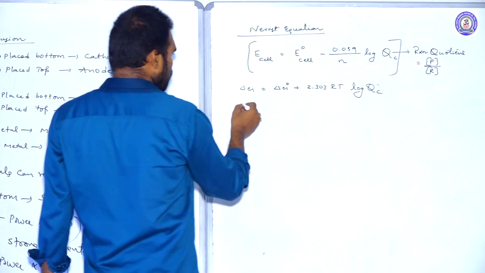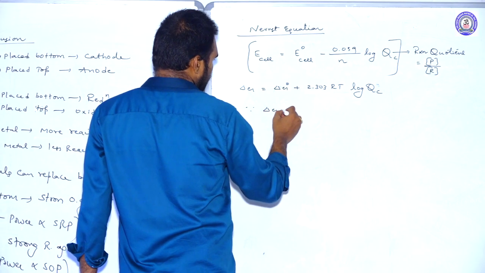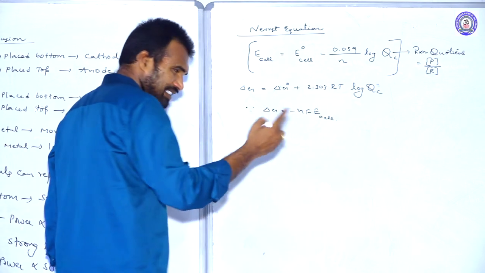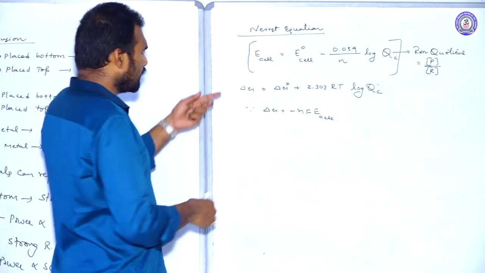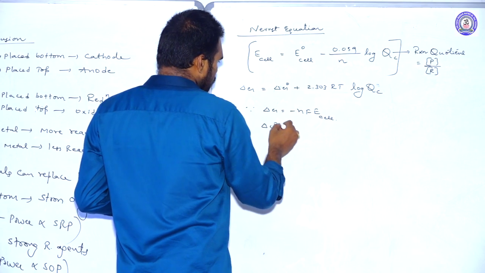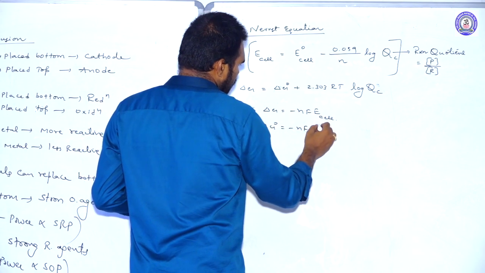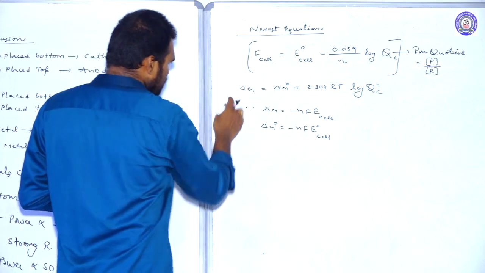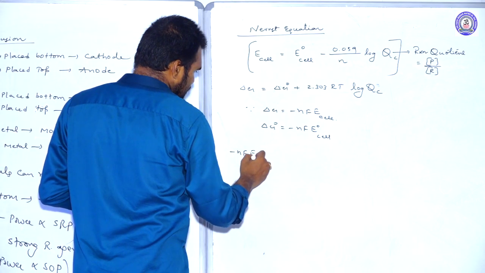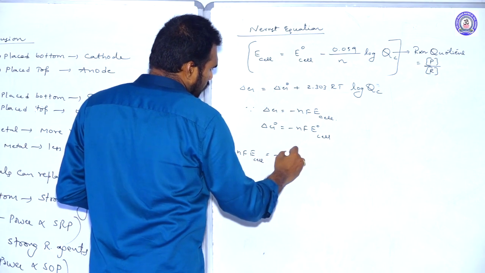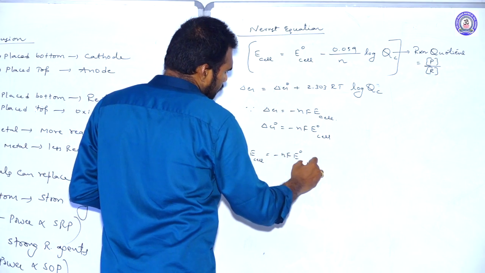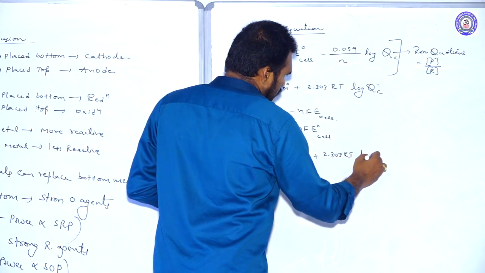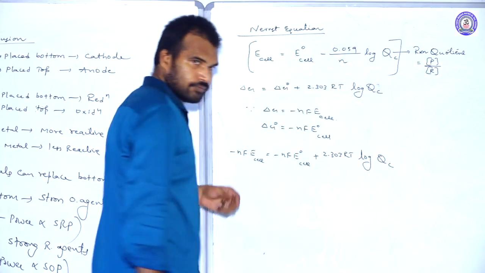Now, one relation we should know: del G is equal to minus NF E cell, and del G naught is equal to minus NF E naught cell. Just substitute that above. Minus NF E cell is equal to minus NF E naught cell plus 2.303 RT log QC.